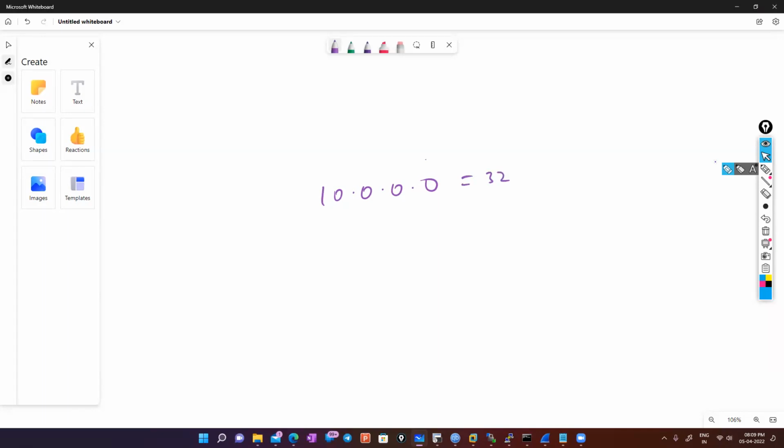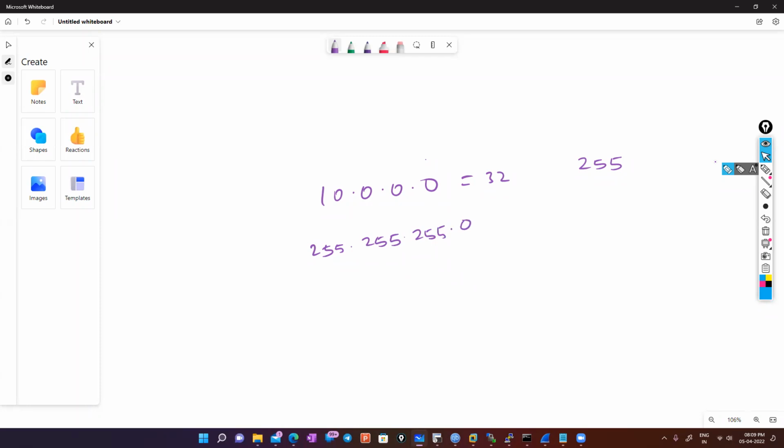I'll tell you how we can convert this from decimal to binary. The maximum value in every octet is 255, right? I'll tell you how I derived this value.